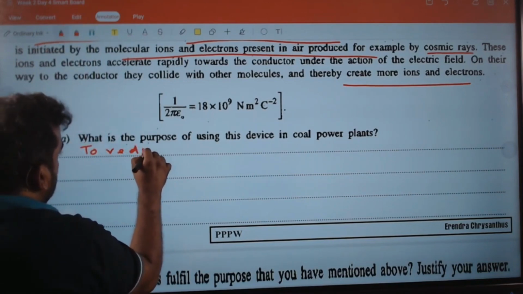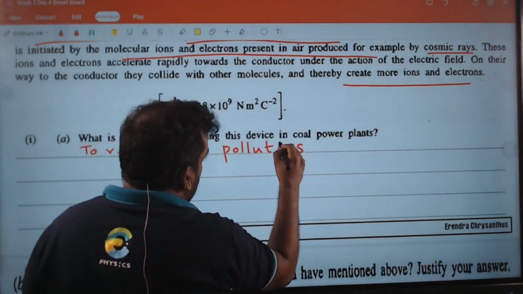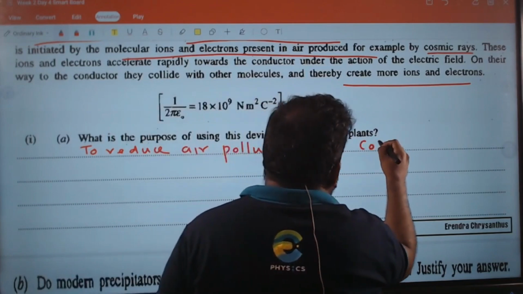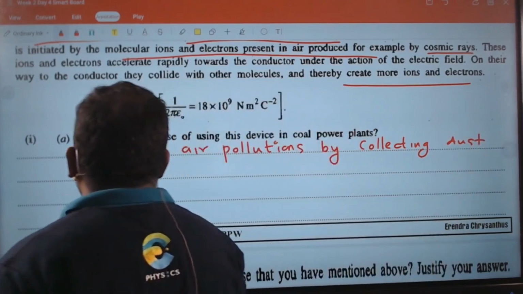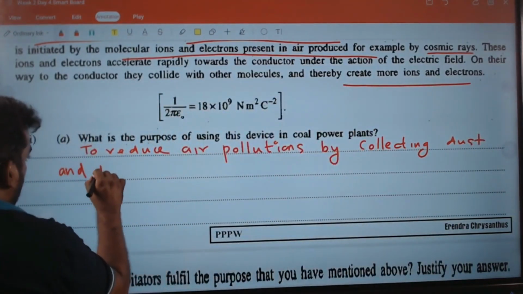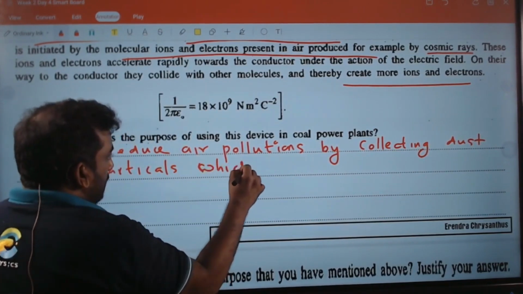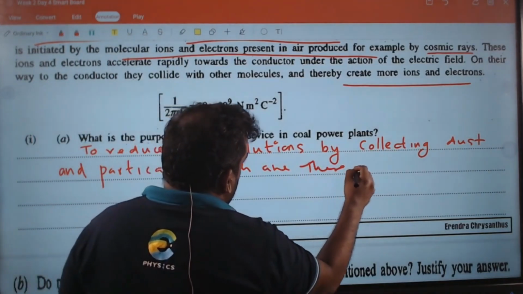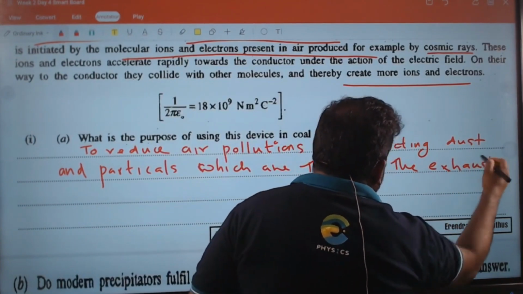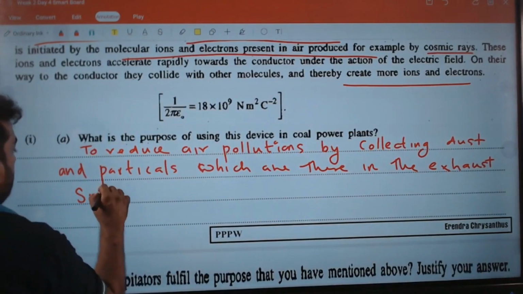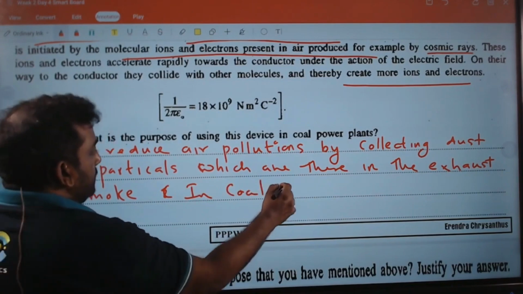To reduce air pollution by collecting dust and particles which are there in the exhaust smoke in coal power plants.